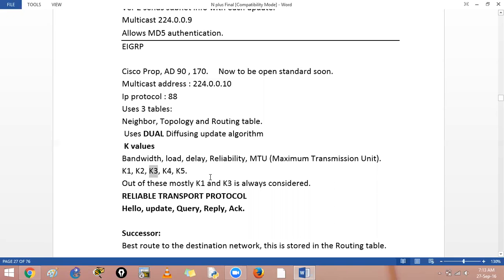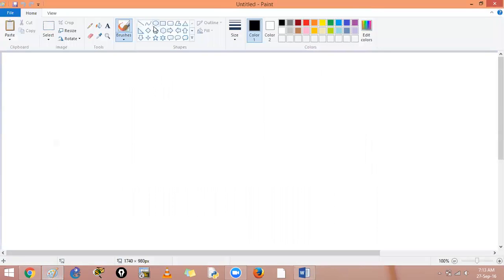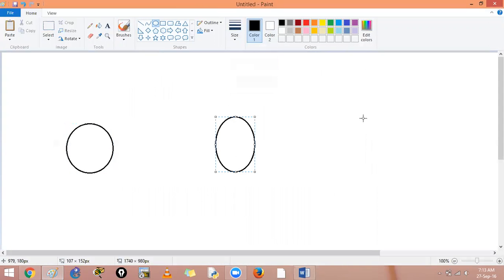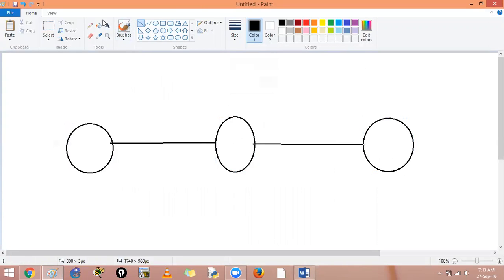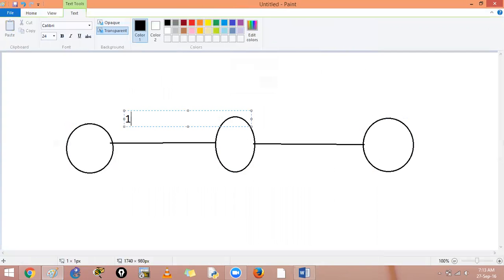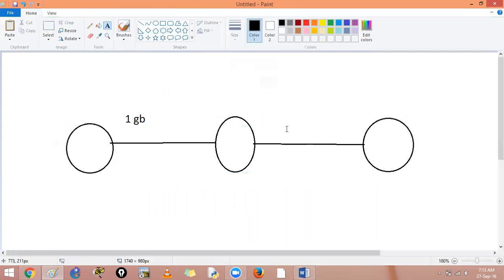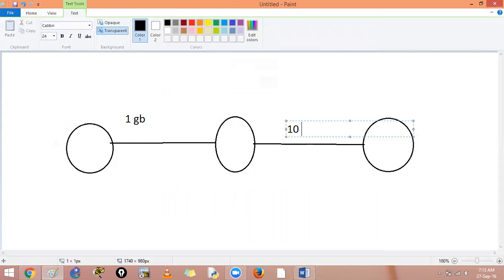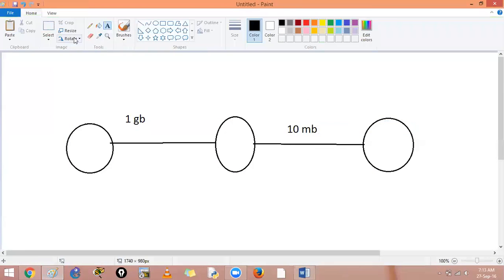Bandwidth means it will consider the least bandwidth of the path. So if I have two routers over here, and here I have 1 GB speed, here I have 10 MB speed, it considers the 10 MB, the least bandwidth.